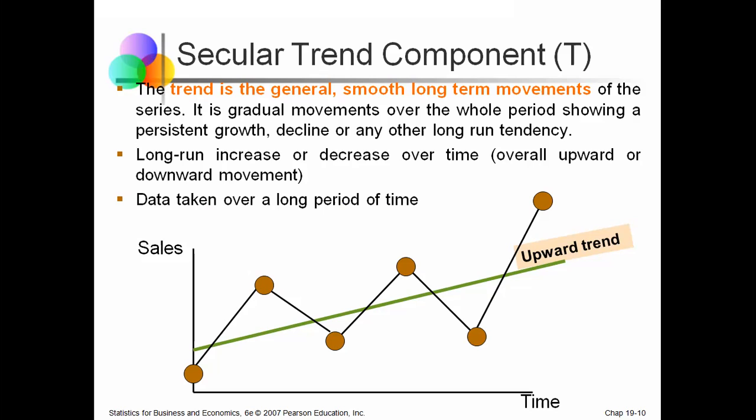When you take a large number of observations, for example 30 or 40, 50 observations, which is a long-term trend. When you take the data from 1950 to 2020, 70 years of year-wise data, that is long-term data, long-term movements. We can easily observe this from 1948 to 2020 in the Indian GDP.